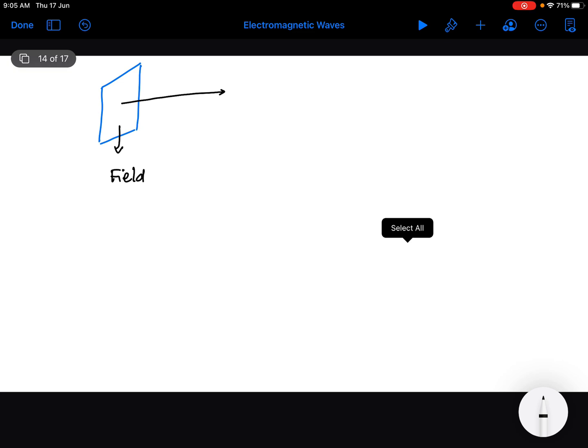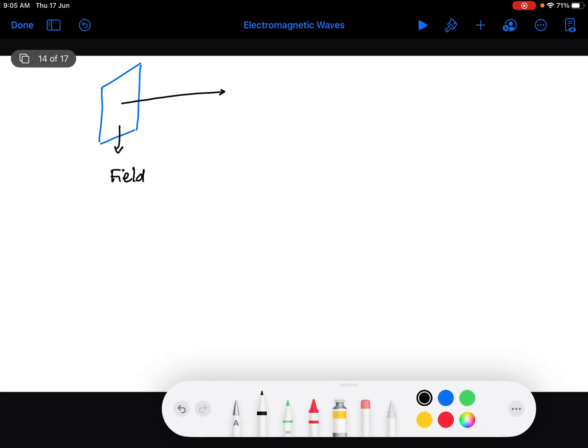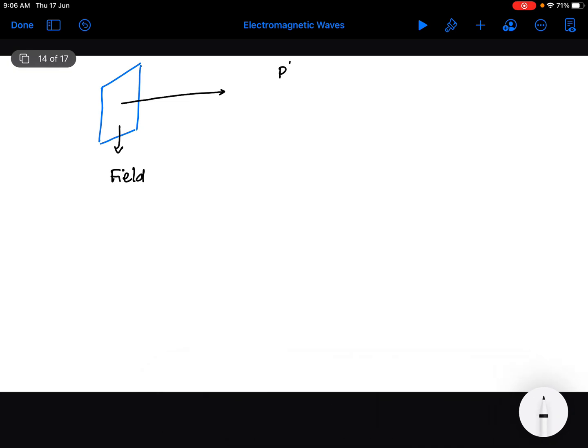A field that is uniform over a plane perpendicular to the direction of wave propagation is called a plane wave. So we can write E is equal to E0 exponential of i(kz minus omega t). This is a plane wave propagating along the z axis, with no dependence on x and y. Therefore we say this is a plane wave.